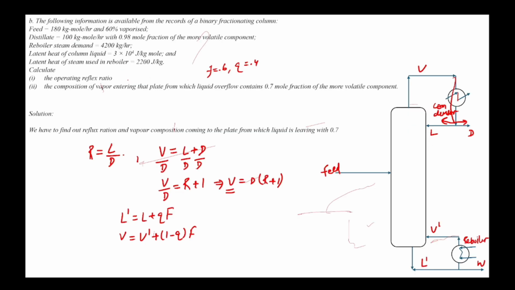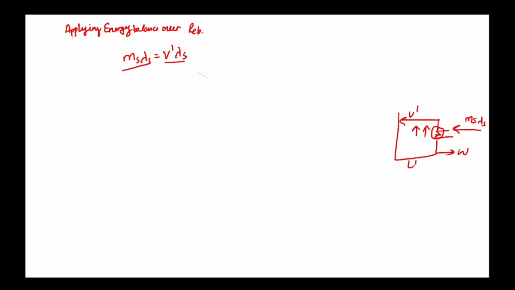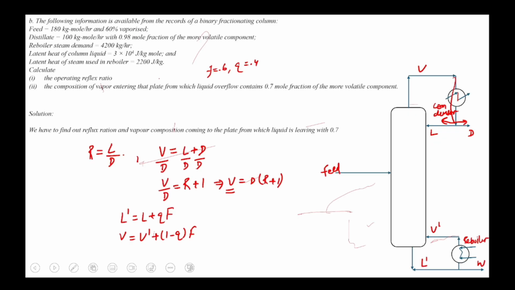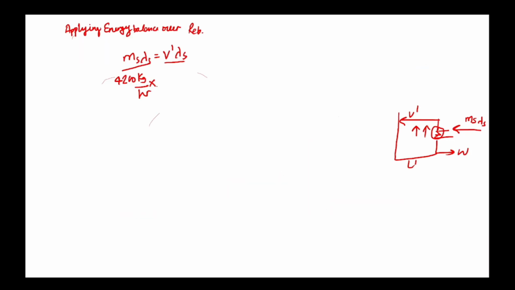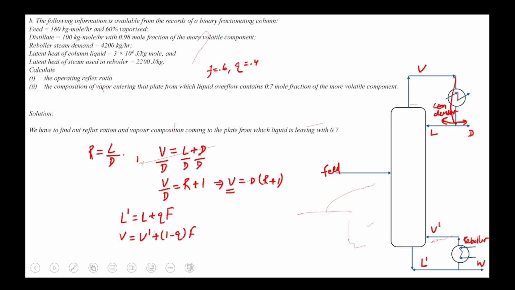So we have all the values. Ms we have 4200 kg per hour. We will not leave out the units. Then we have latent heat of steam 2200 joule per kg, is equal to V dash, which we have to find, into lambda L, that is 3 into 10 power 4 joule per kilomole.